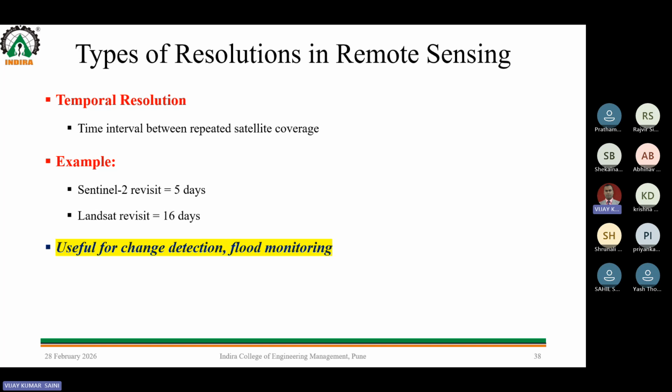If you see Sentinel-2, it revisits after 5 days, and Landsat revisits after 16 days. So they monitor what changes have happened after 5 days. That helps in change detection or flood monitoring. In that way, these satellites work.